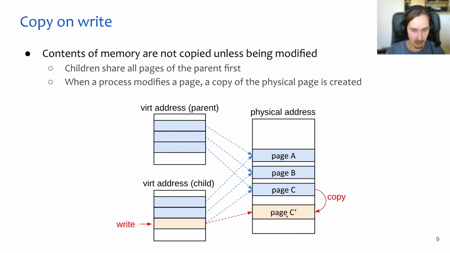Yeah, and once this page handler is complete, we can return back to the child process so that it can actually apply the write. And this way we basically lazily copy pages, and if we don't need the pages at all, we will never copy them at all.